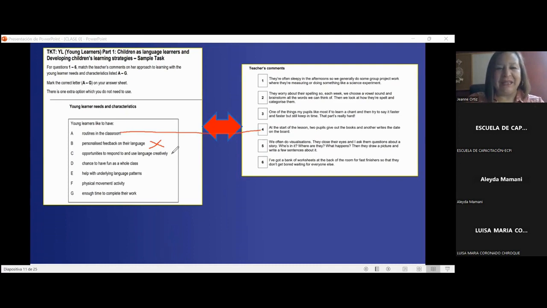Exactly. Chance to have fun as a whole class. Number 3. Exactly. Help with underlying language patterns.